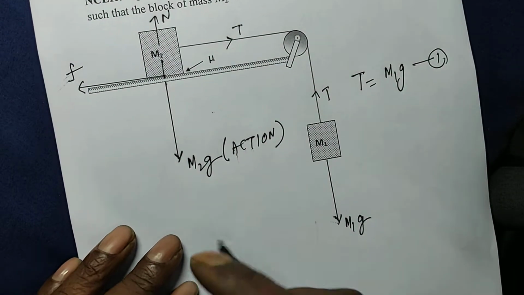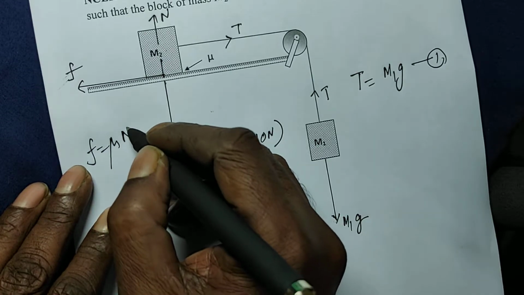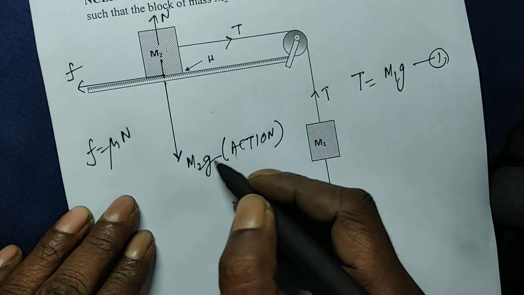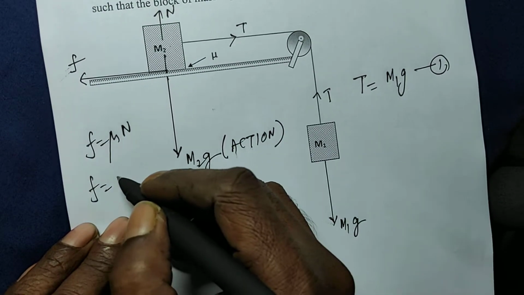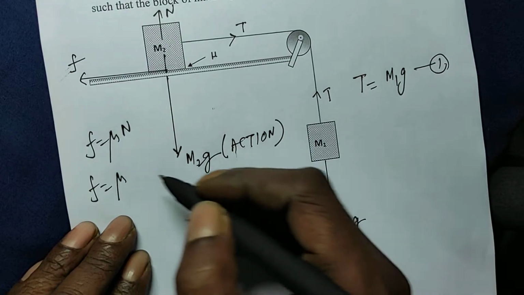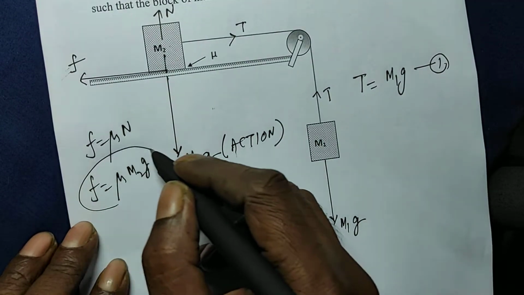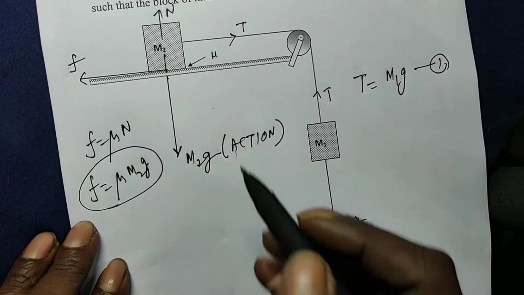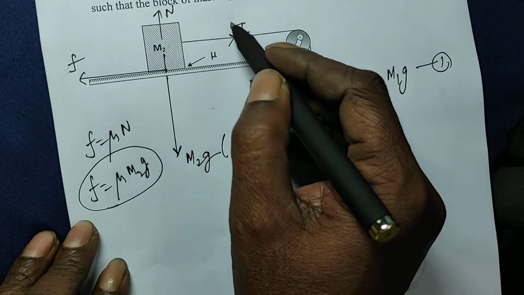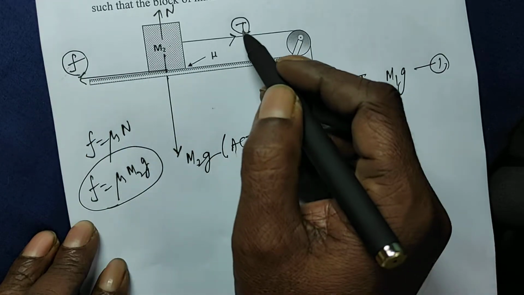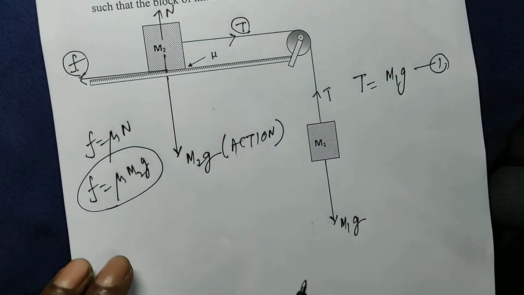As you know, force of friction is equal to mu times normal reaction, and the normal reaction is M2 times G. So your force of friction is equal to mu times M2 times G. Now, since this is not moving, T must be equal to F. If T will be more than the force of friction, it will move towards right.